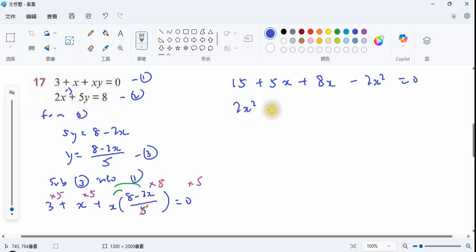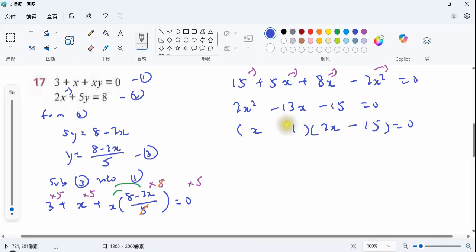Then we have 2x squared minus 13x minus 15 equal to 0. So all move to the other side. And we do the factorization, x, 2x, and then we have 1 times 15, minus 15 plus 2. So x equal to negative 1 and x equal to 15 over 2, 7.5.